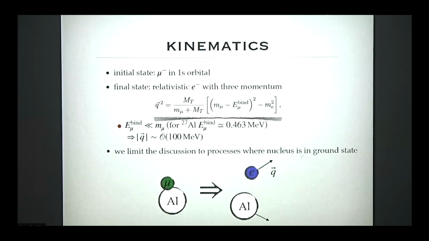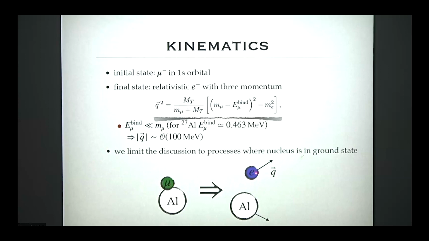So let's talk about the kinematics. We have a muon. It's captured, it sits in a 1s orbital, and then it converts to an electron. This guy flies out. The energy release is 100 MeV or so.